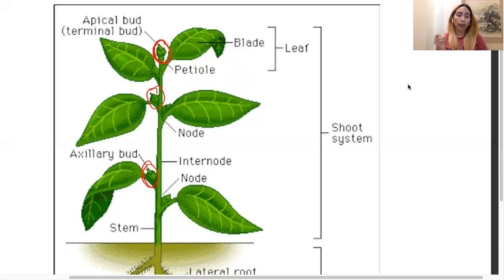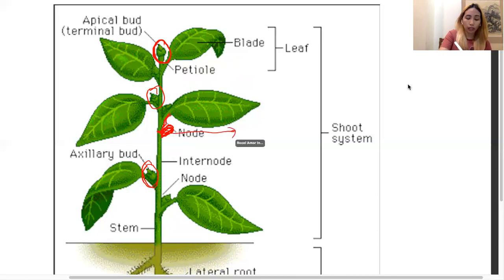So if a bud is found, like I said earlier, underneath the attachment of the leaf on the stem, then you call that the lateral bud.